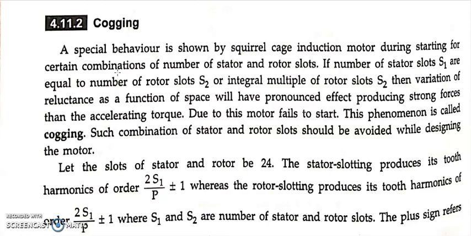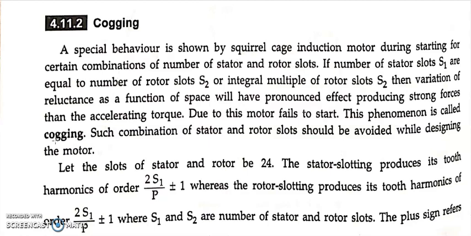That's why the motor will not even start by itself. In the crawling topic at least your motor started, but here the motor will not start itself. The motor will simply hum, with vibration as well as noise. Such an effect is called cogging. So just remember, cogging is nothing but the motor never starting. The motor will be at a standstill even after switching it on.